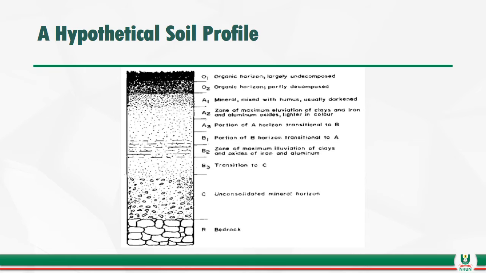They move down to the B horizon, and that is why in the B horizon the B2 zone experiences maximum illuviation, where there is deposit of some of the materials that moved away from A2. So we have B3, which is transition to C. We have the unconsolidated mineral horizon C, and we have R as the bedrock.